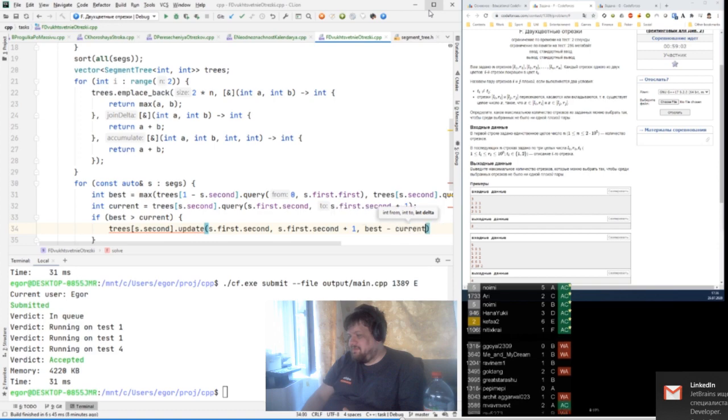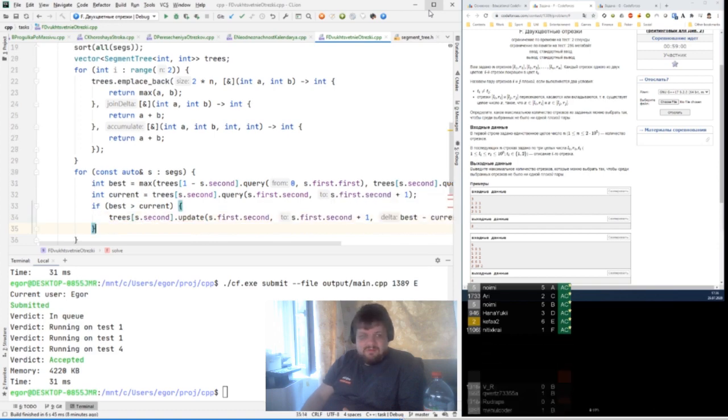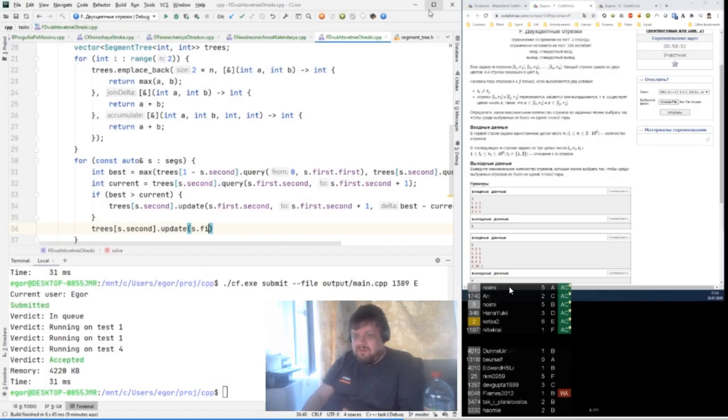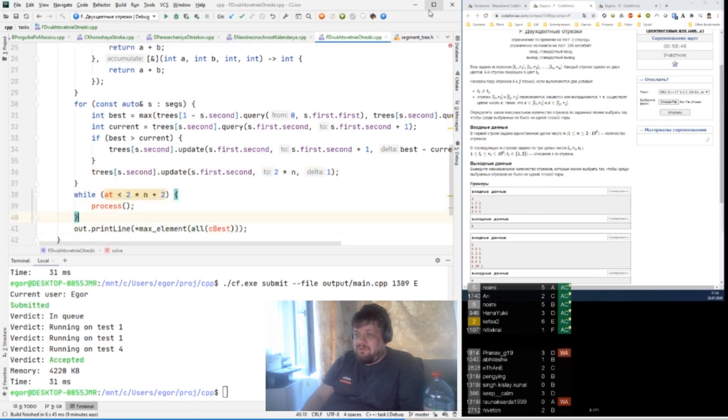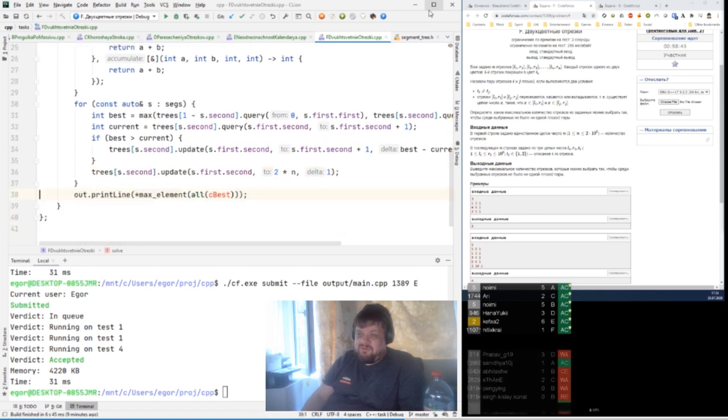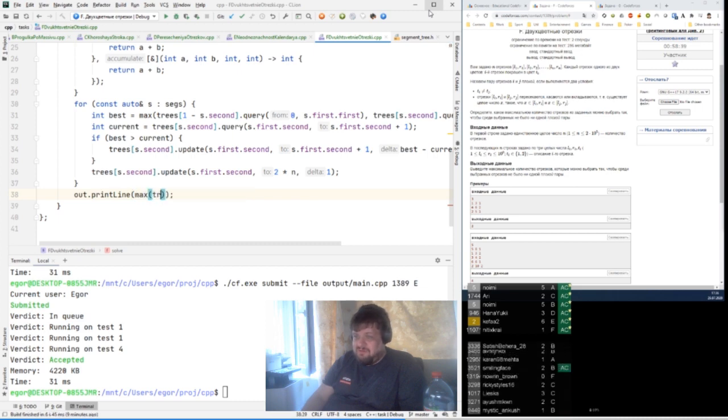Sorry about that, I forgot to turn off notifications. Anyway, we also update, we add one to the right of the current right, and here we just output the maximum in both trees.